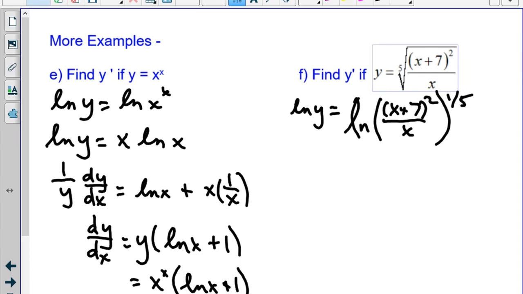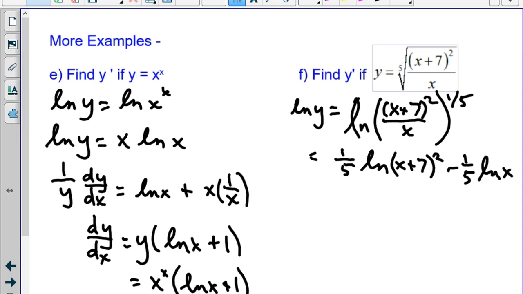With this natural log, I can do some expanding and condensing. So I get 1/5 times the natural log of x plus 7 squared minus 1/5 times the natural log of x. I can move that 2 down, and it becomes 2/5 natural log of x plus 7 minus 1/5 natural log of x.